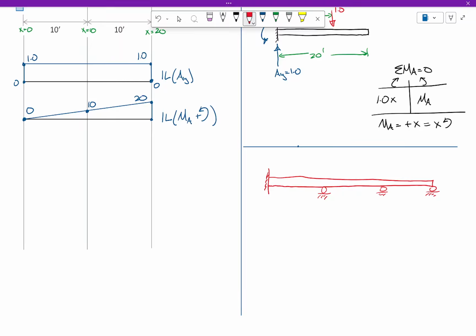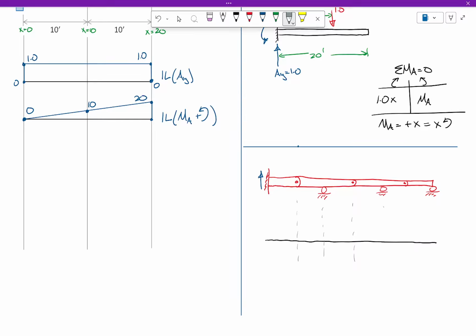So I'm going to put 3 hinges in there. I'm going to put a hinge here, hinge here, hinge here. Like this is a really odd one. Okay? And let's draw the influence line for this vertical reaction. So what does the influence line look like? Okay? So what do we know?